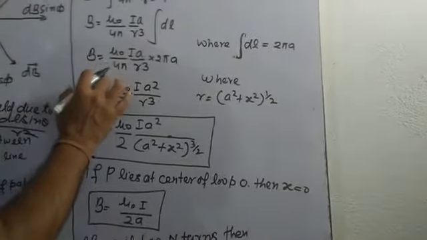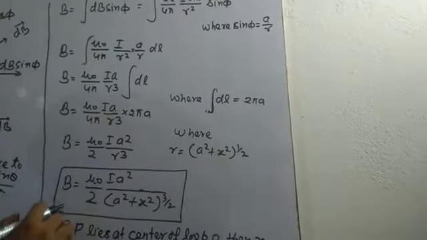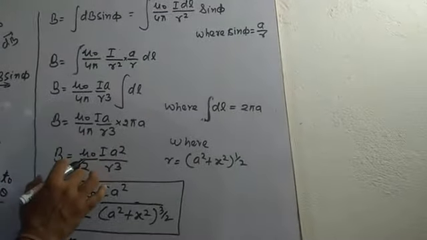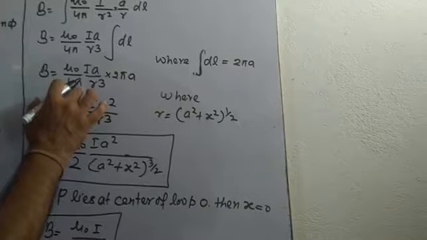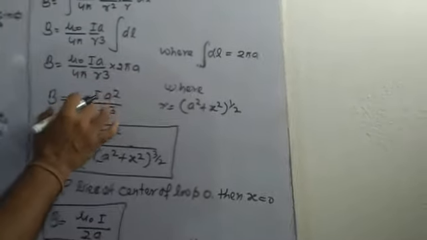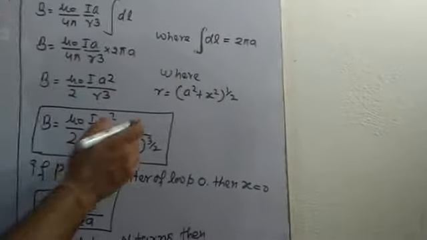B equals mu naught upon 4 pi I a by r cube into 2 pi a, so B equals mu naught upon 2, I a square upon r cube.